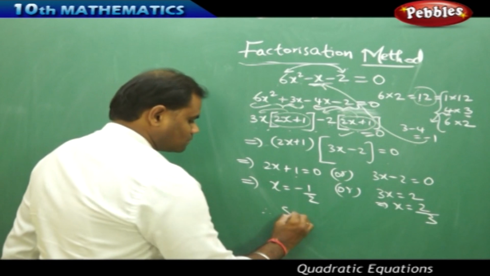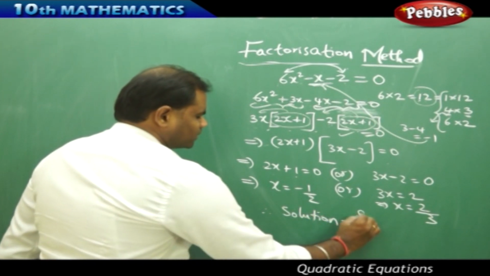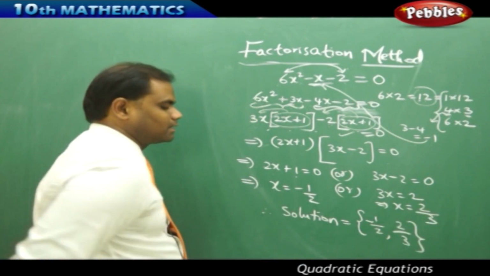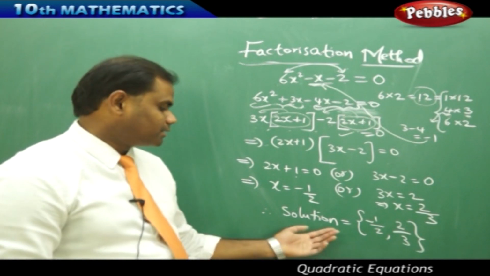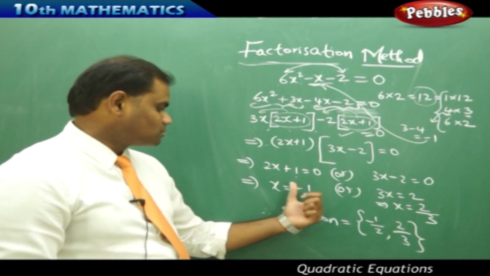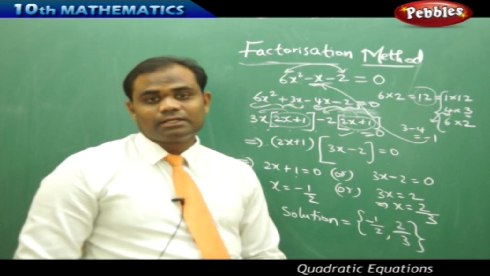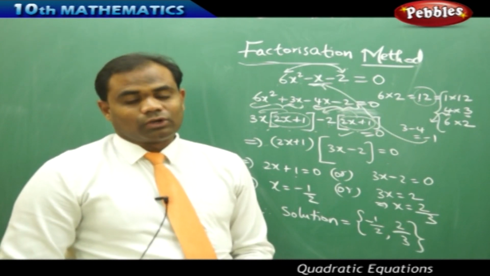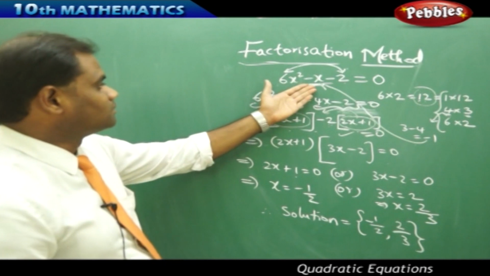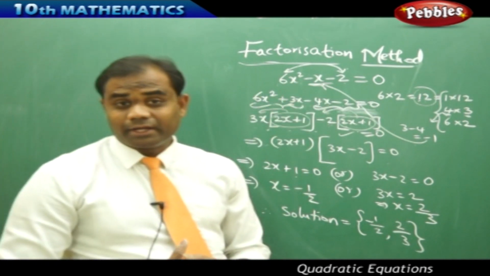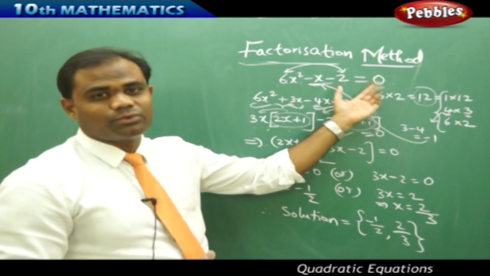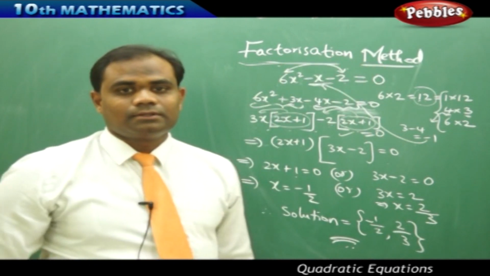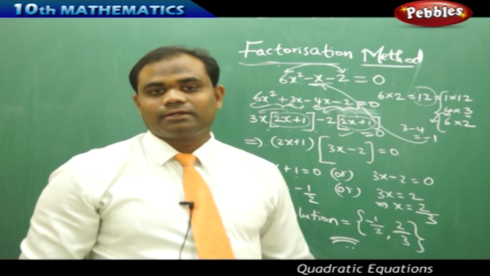Therefore, the solution of the given problem is x equal to minus 1 by 2 and 2 by 3, or x equal to minus half and x equal to 2 over 3 are the required solutions of the given quadratic equation, indirectly, not in its quadratic form. The equation given as x minus 1 by 3x equal to 1 by 6 reduced to a quadratic equation and hence solved using factorization method is how we do for any quadratic equation.